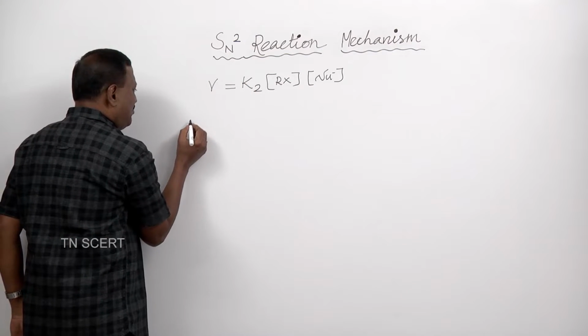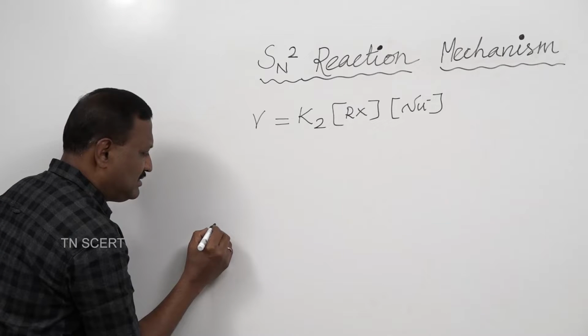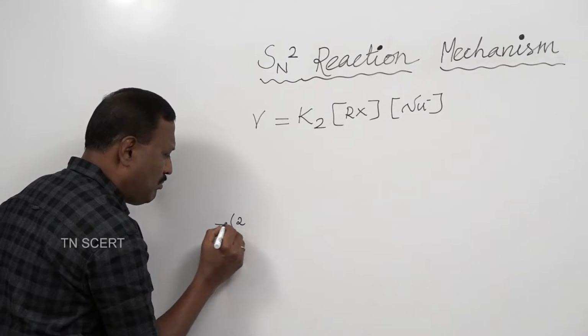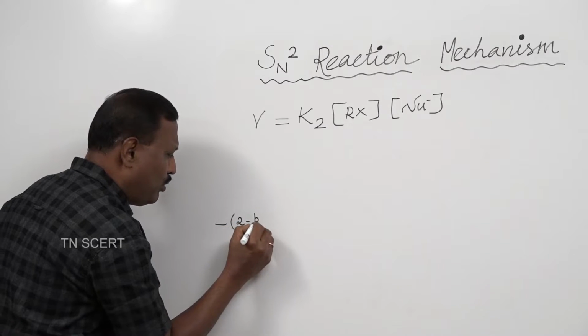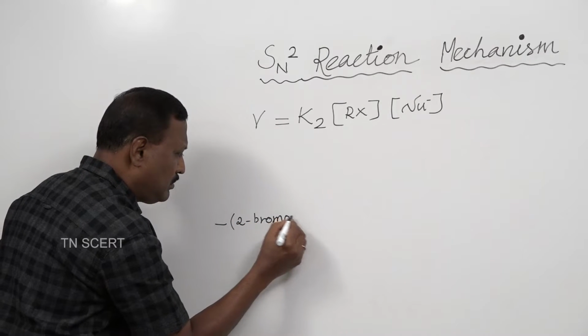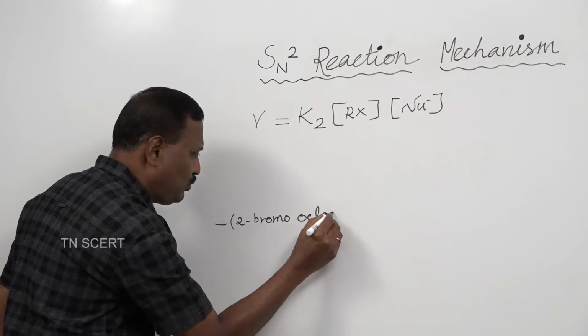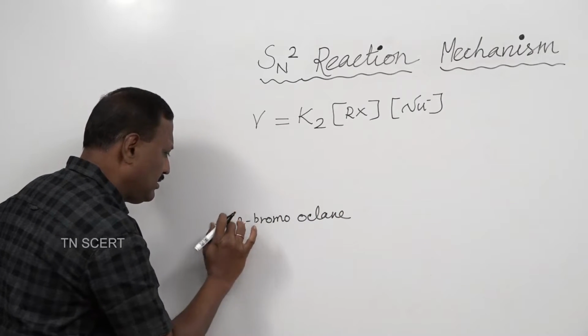So, here for example, let us take minus 2-bromo octane.